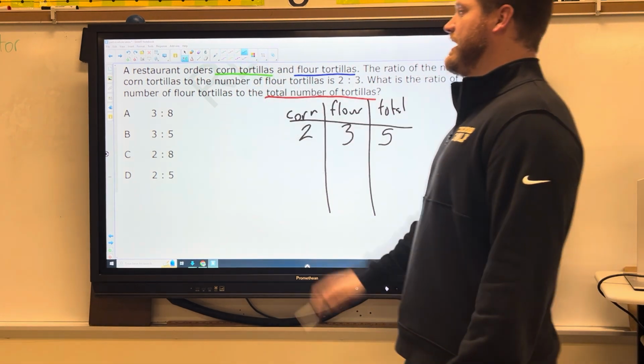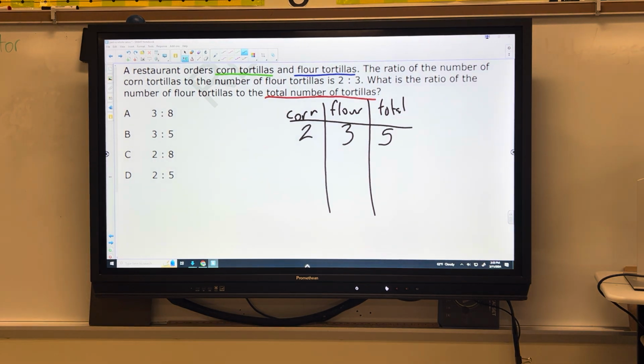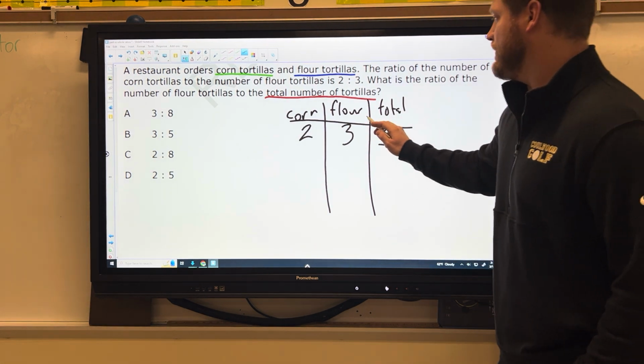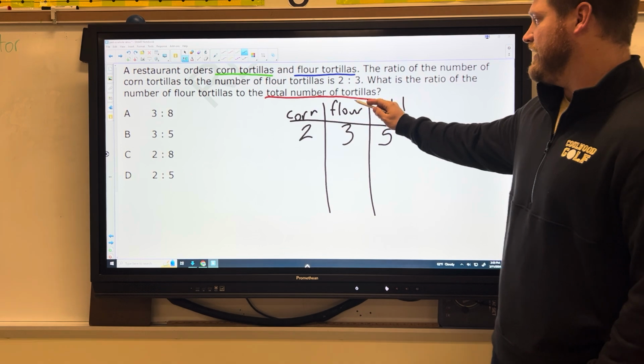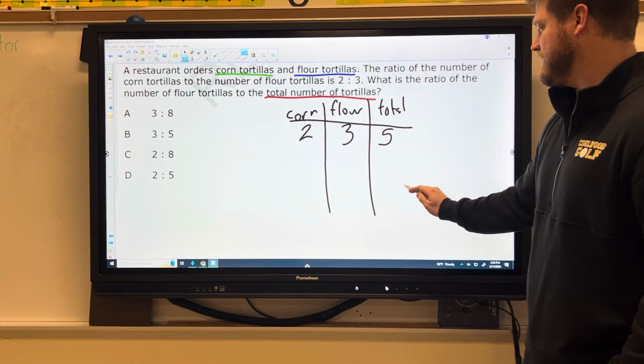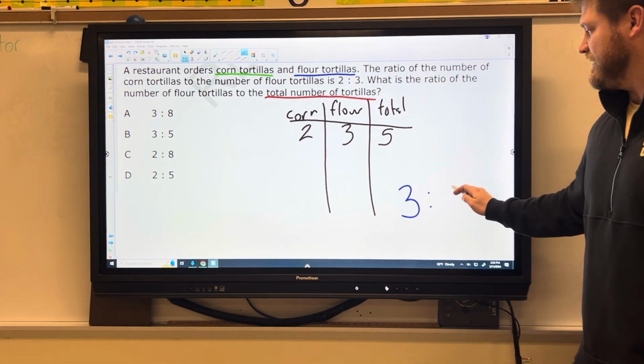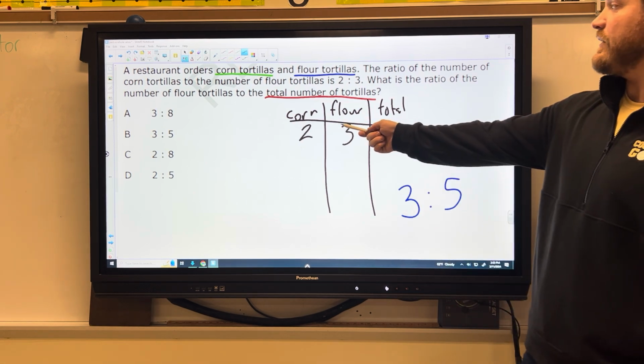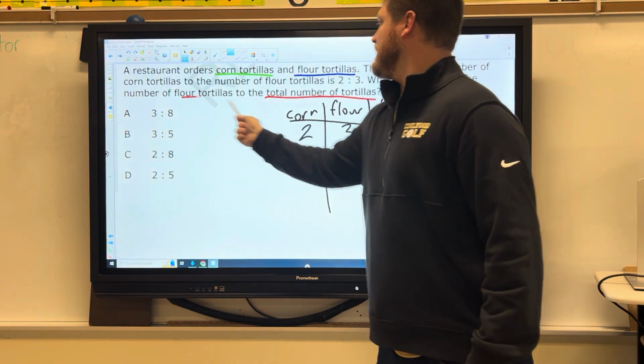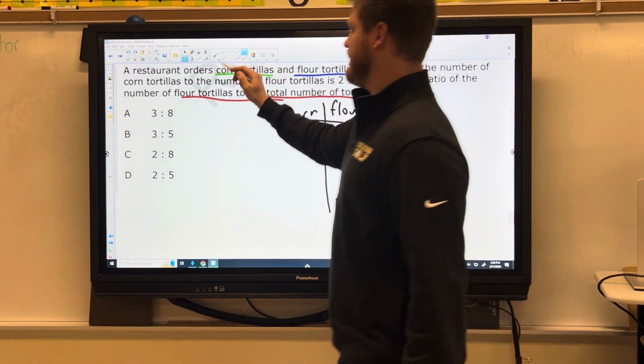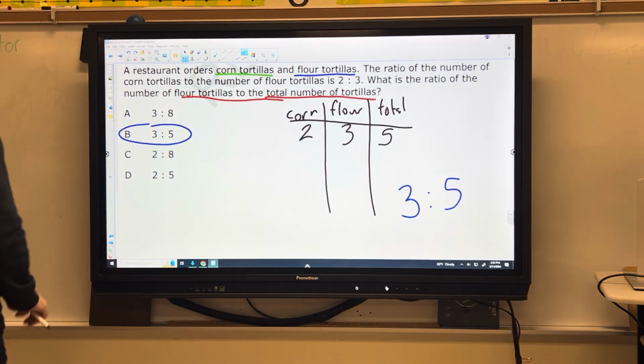So from this, we can make a ratio. It says, what is the ratio of the number of flour to the total? Well, we have our ratio here. Flour is 3, total is 5. So the ratio of flour to total is 3 to 5. Our answer here would be B.